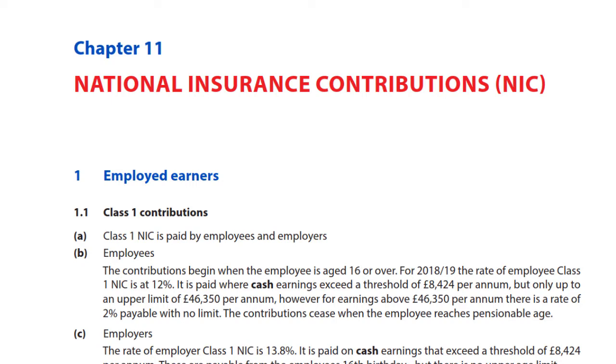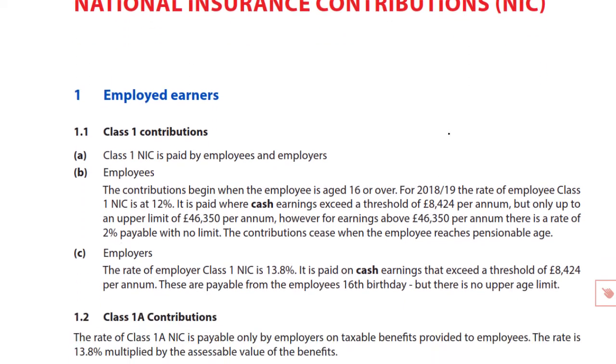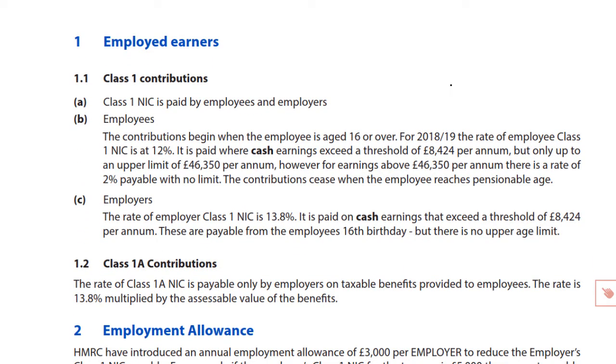The first of those that we deal with now are employed earners, and we will discover that not only does an employee incur national insurance costs, but also, for the pleasure of employing that employee, the employer may incur a significant national insurance contribution cost as well.